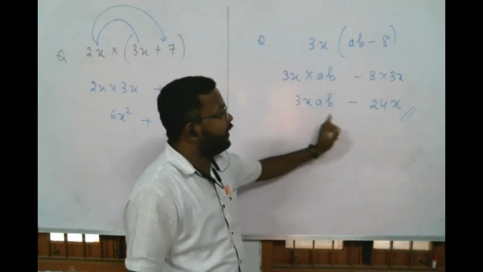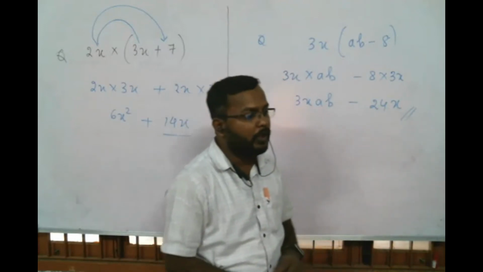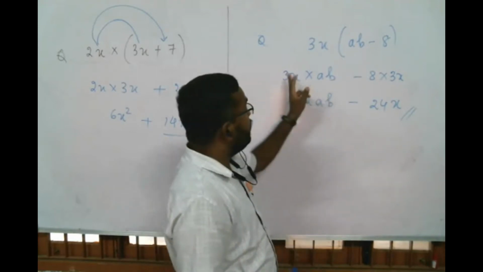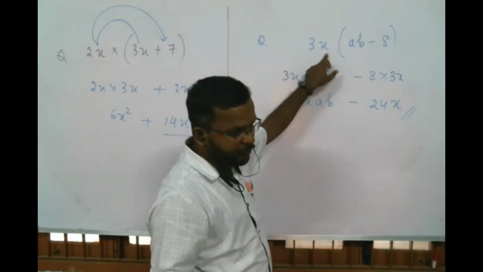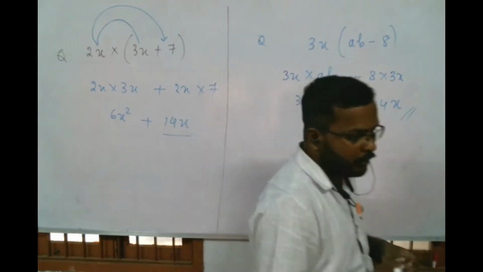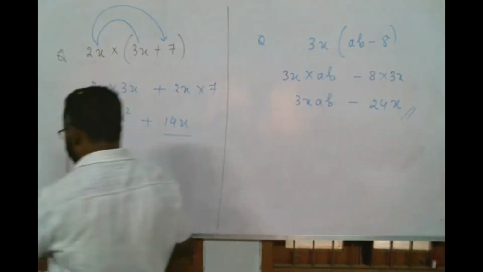So 3xab minus 24x. Most of you are writing only 24, you are not writing x. There we are multiplying with 3x, so you will get 24x, not only 24. Let's take the next question.